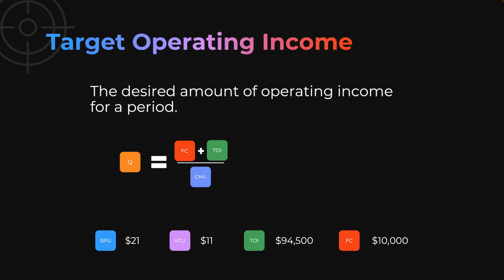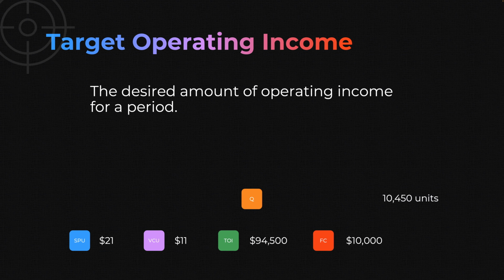If we take our fixed costs of $10,000, add our target operating income of $94,500, and divide that by the contribution margin per unit, 21 subtract 11 equals $10, that equals 10,450 units.